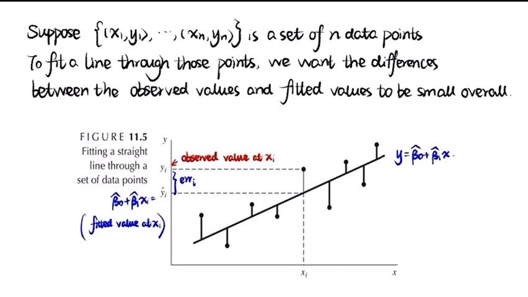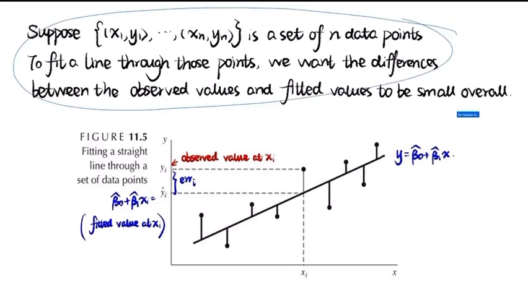Now, if I want to estimate beta naught cap and beta one cap, of course, we can only estimate with sample information. So I'm actually going to collect a sample of data that is bivariate in nature, (x1, y1), and so on.